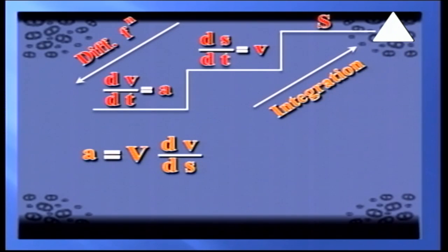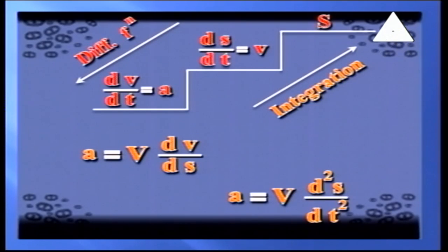Why? Because v equals ds over dt. Therefore, we find acceleration by using velocity times dv over ds, or acceleration equals v d2s over dt square.